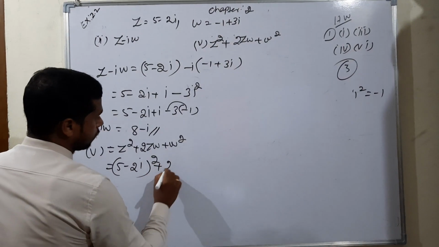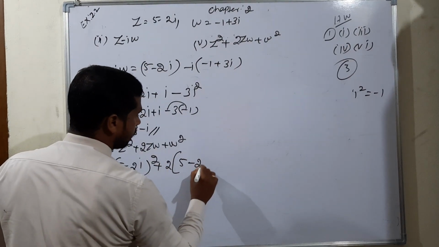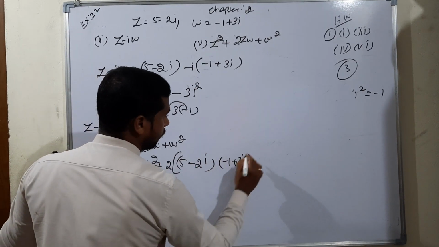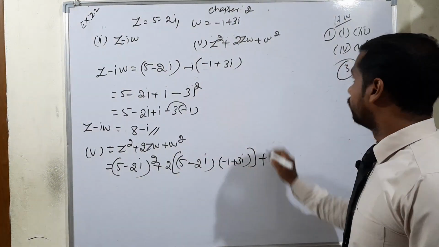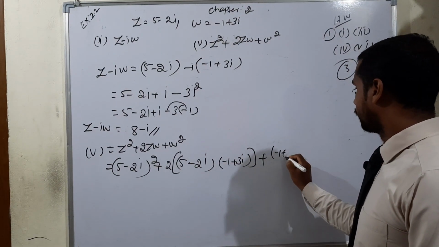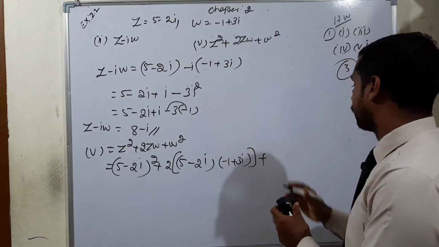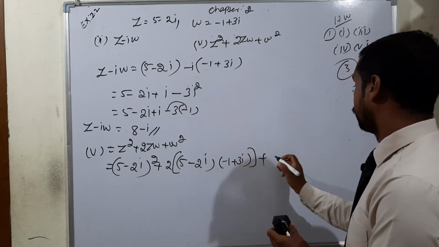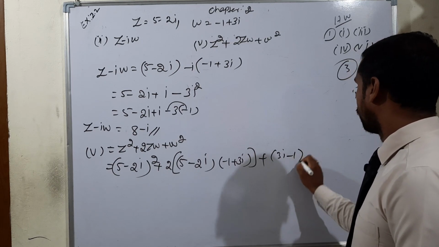Then plus 2 into Z, 5 minus 2i. Then W, minus 1 plus 3i. Last condition W square. W is equal to minus 1 plus 3i, instead of minus 1 we can write it starting with 3i, the formula will be very easy for you. So 3i minus 1 the whole square.